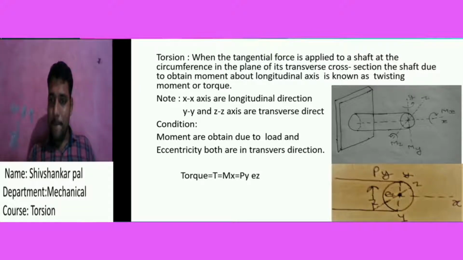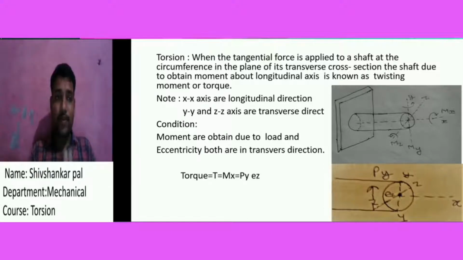In this shaft diagram, the x-axis is the longitudinal axis, the y-axis is a transverse axis, and the z-axis is also a transverse axis. Only the moment about the longitudinal axis, obtained due to tangential loading, is considered a torque. Moments about the y-axis and z-axis are not considered a torque.